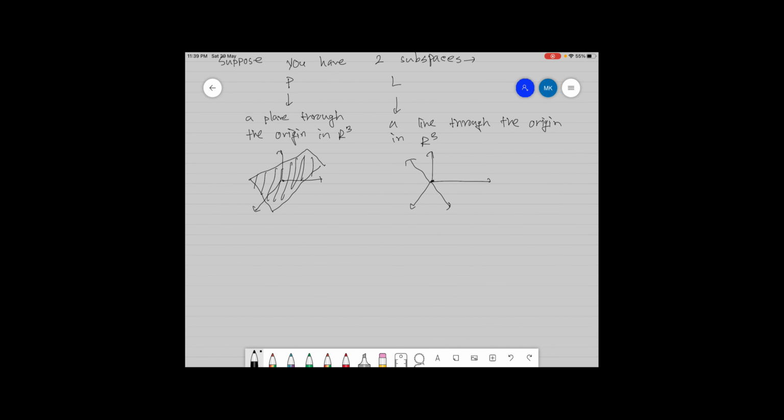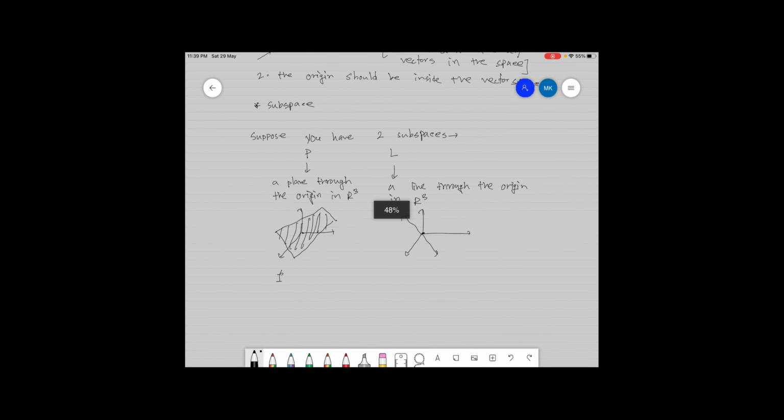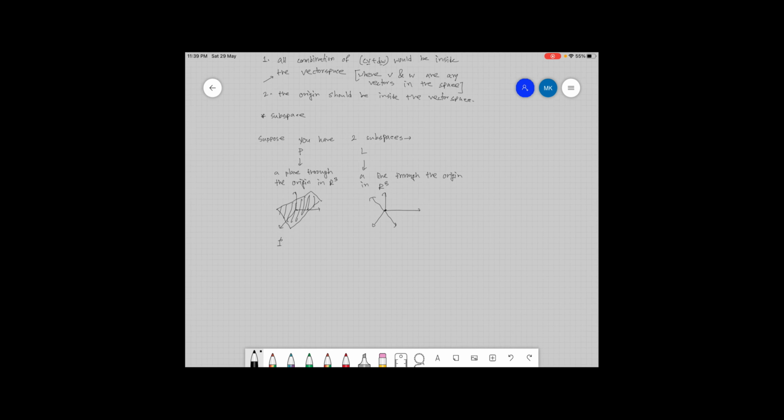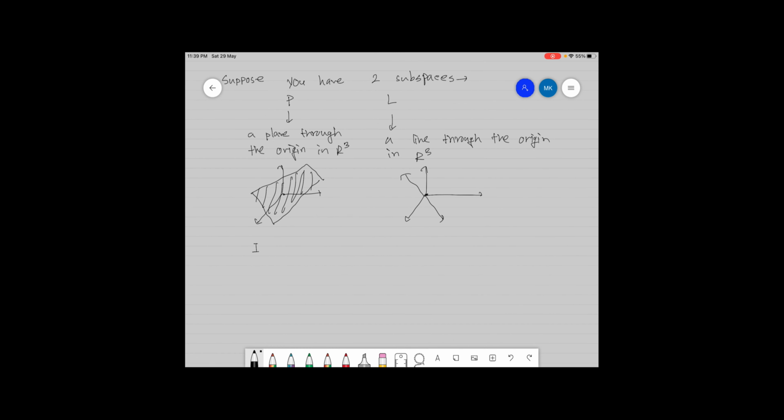So can you tell me, is P union L a subspace? P union L means all the vectors in this plane and all the vectors in this straight line.